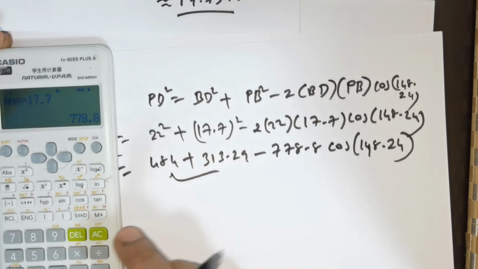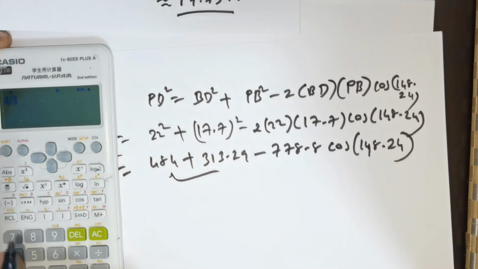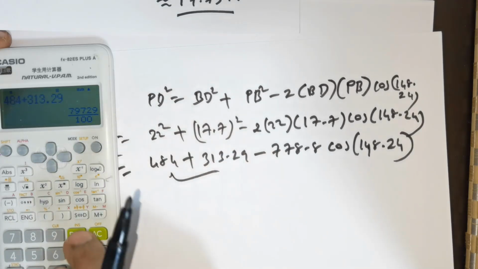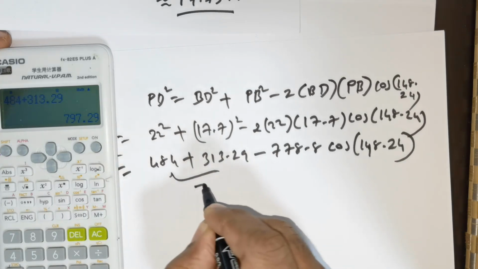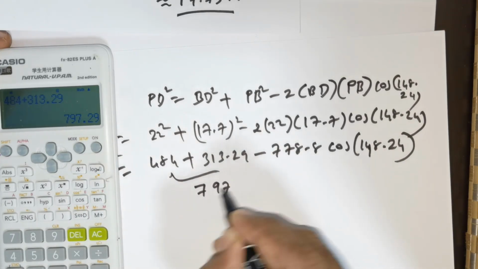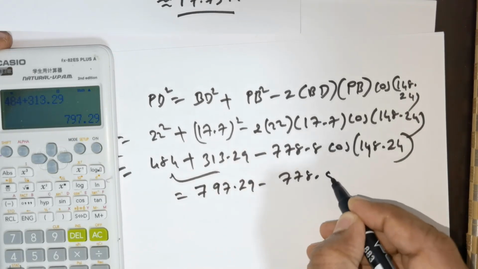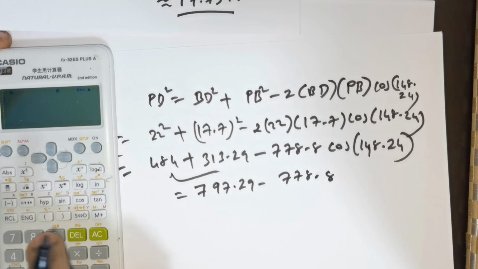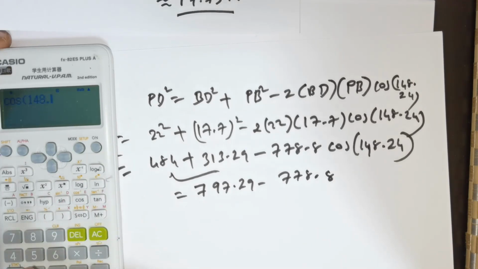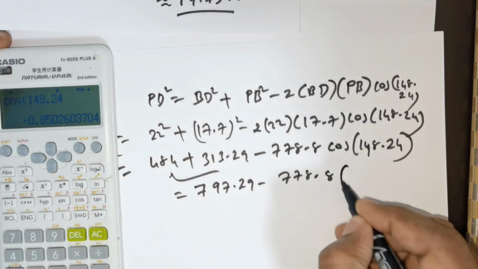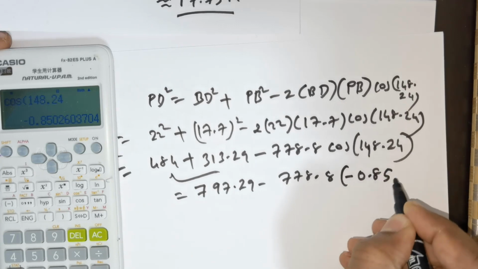You add these two things, so 484 plus 313.29, that is 797.29 minus 778.8 times cos of 148.24. That is giving me negative 0.85.